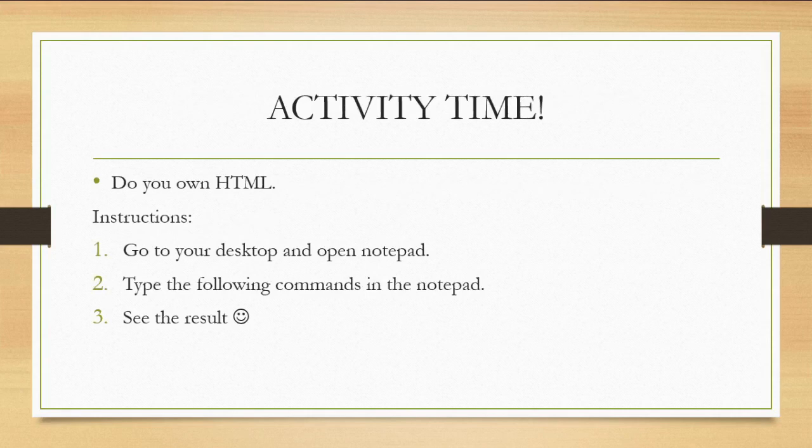So here, activity time. As I end this video, I want you to make your own HTML. Here are the instructions. First, go to your desktop and open Notepad. You can just search for Notepad in Windows, then open it. Second, type the following commands in the Notepad.